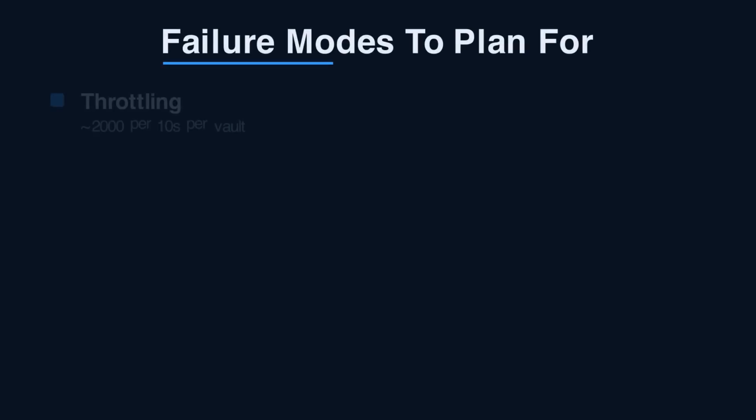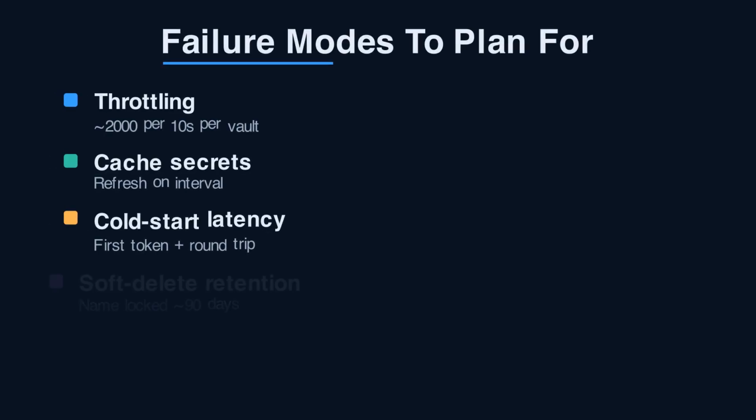No design is free. Think through what breaks. Key Vault enforces throttling on the order of 2,000 transactions per 10 seconds per vault. So an app that reads secrets on every request will get 429 errors at scale. Fix it by caching secrets in memory and refreshing on an interval, not per call.